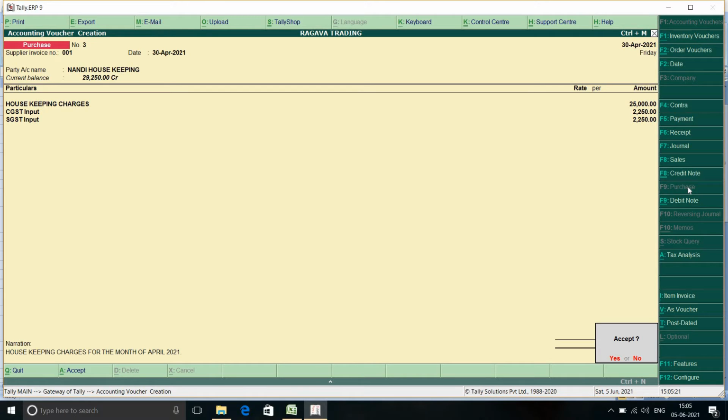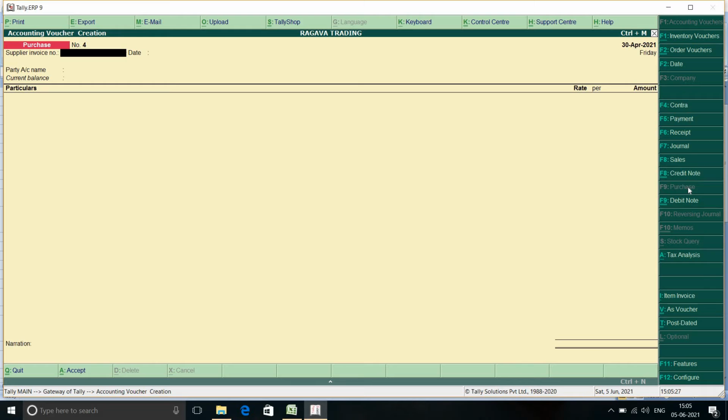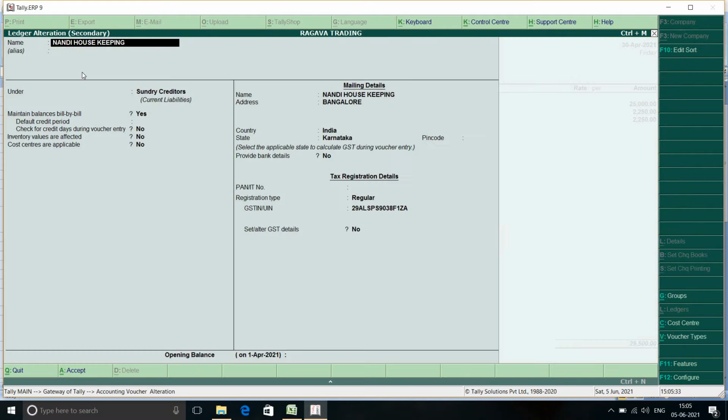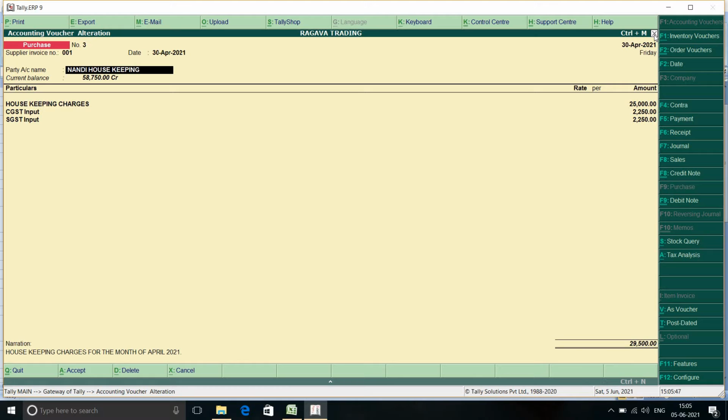How much percent? Either 1 or 2. You can check Nandi Housekeeping in the PAN: the fourth character P is person, so you have to deduct 1% TDS.